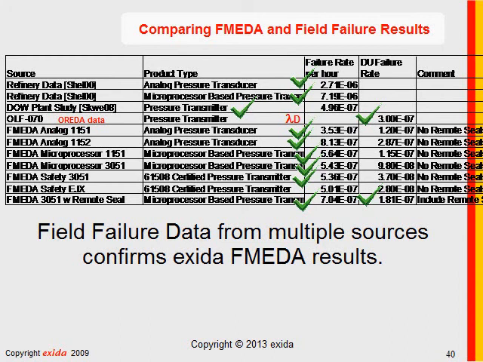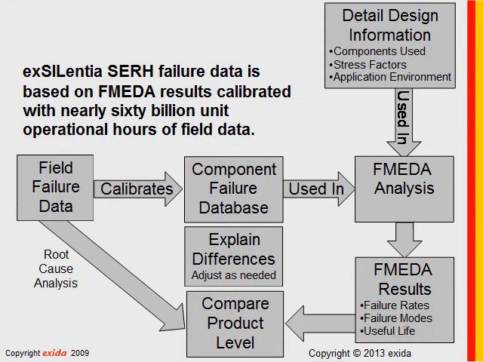I saw no indication that the OREDA data had any information about whether failures were detected or not. At exida, the SERH failure data is based on FMEDA results calibrated with nearly 60 billion unit operating hours of field data.